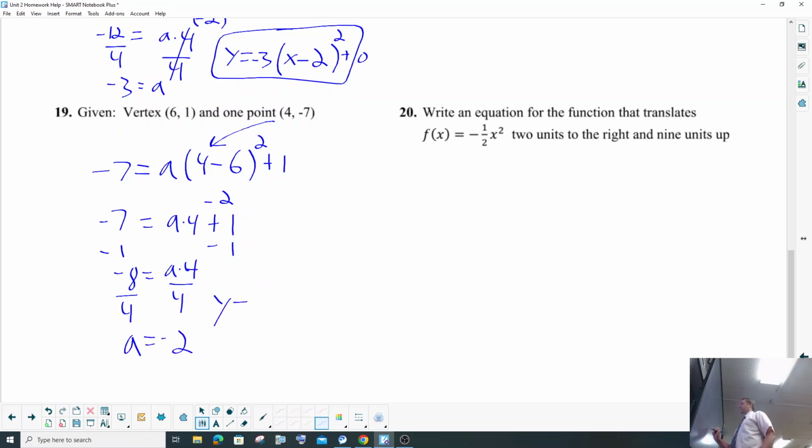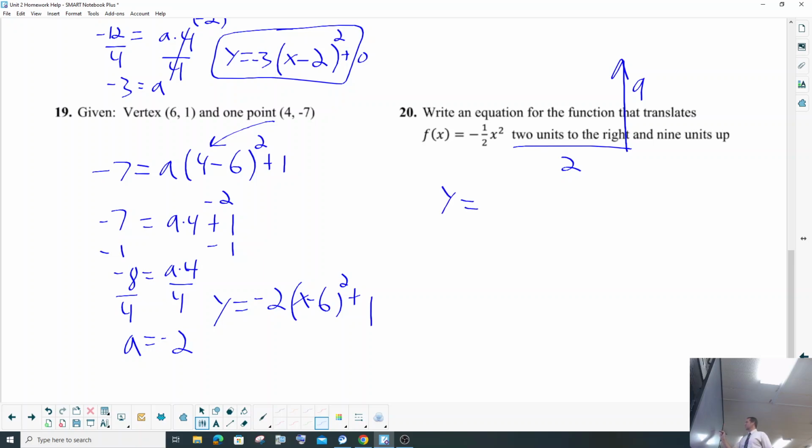Whoa. See, that wasn't too bad. y equals -2 times (x minus h) all squared plus 1. So this next one is saying 2 units to the right and 9 units up. Write an equation for the function that translates the parent function 2 to the right.